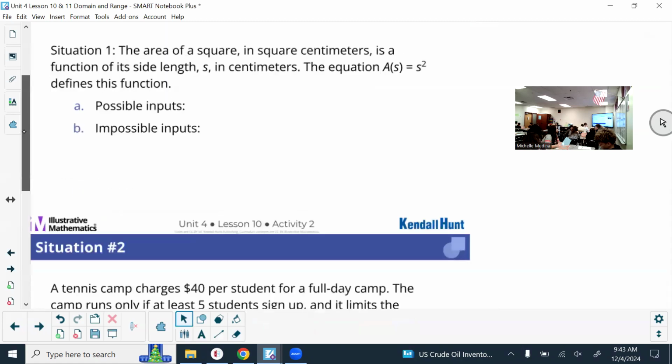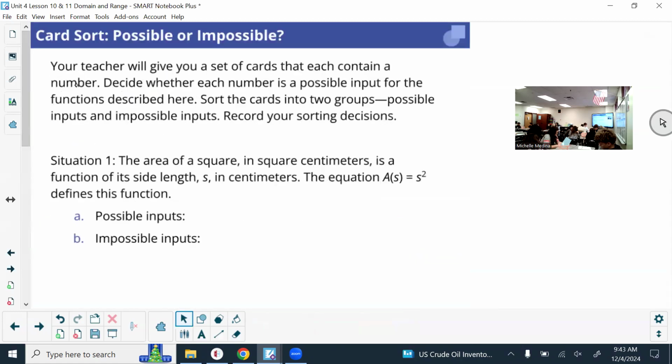So for this first activity, I'm going to give each group a set of cards, and they're going to have numbers on them. Based on whatever situation is on the screen, it's also on your paper too, you're going to decide what are all the possible inputs for that function. So kind of like we did in the warm-up. They're not necessarily saying my input is this.